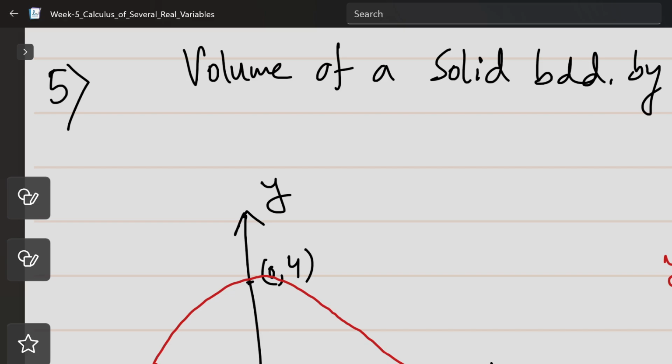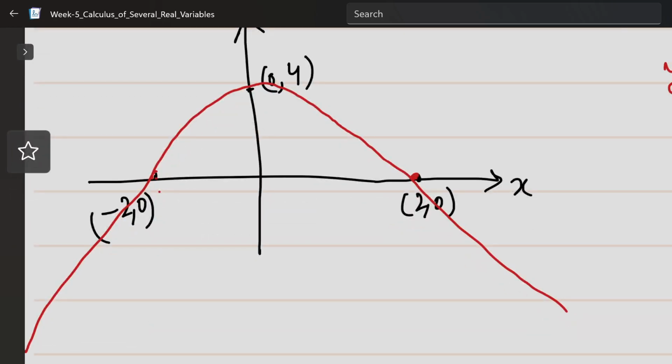Y equal to x square means this is y equal to x square, right? Either this or this. This is y equal to x square and this is y equal to minus x square. Now I am saying y equal to 4 minus x square means it will start from 0 comma 4 here.